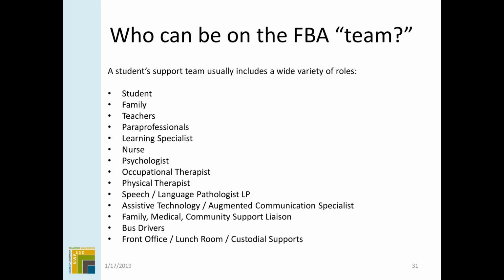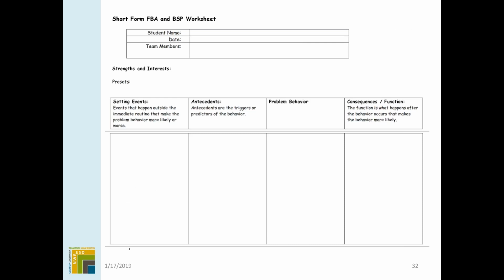And then other support people that we don't always think of. Bus drivers often have amazing insight. They often have really strong relationships with students, as do people in the front office, lunchroom staff, and custodial support people. All of those people can be contributors to the FBA, at least through the interview process. So I just want to let you think about that.